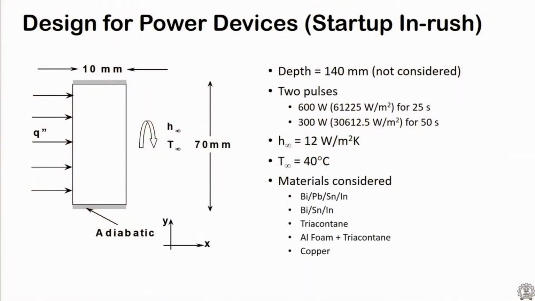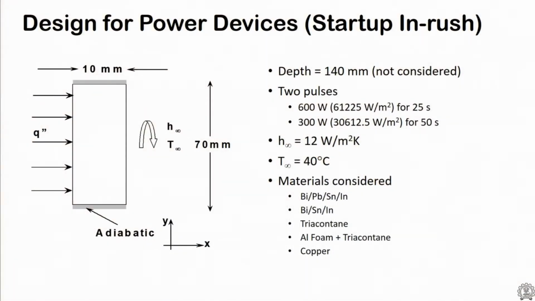now in this module we look into a couple of applications of using these phase change materials in particular. One application that we are going to talk about is the startup heat dissipation, where there is a current inrush.